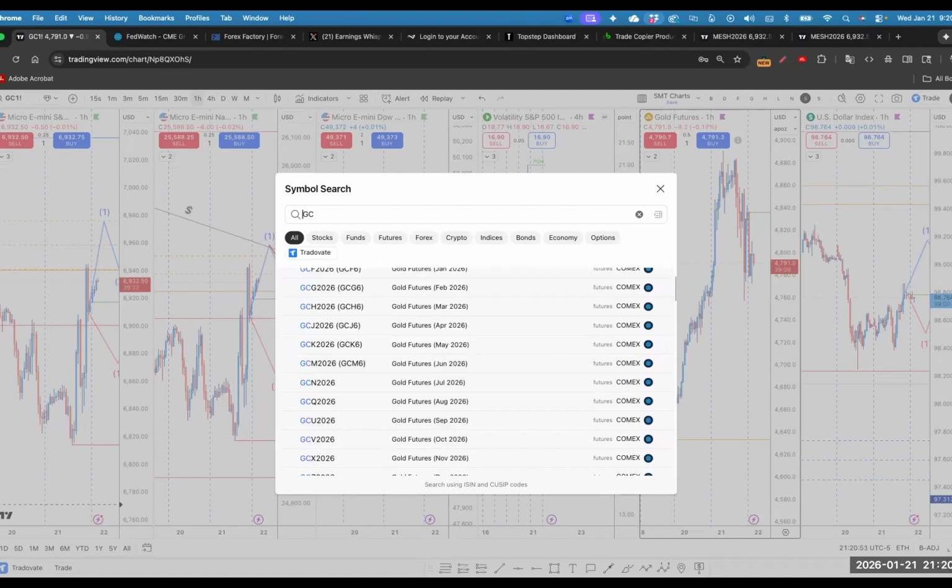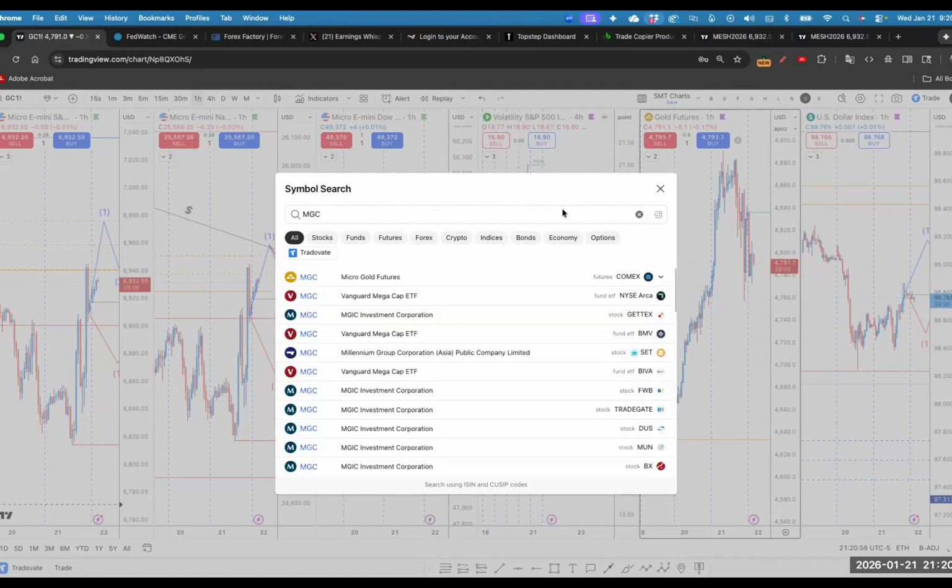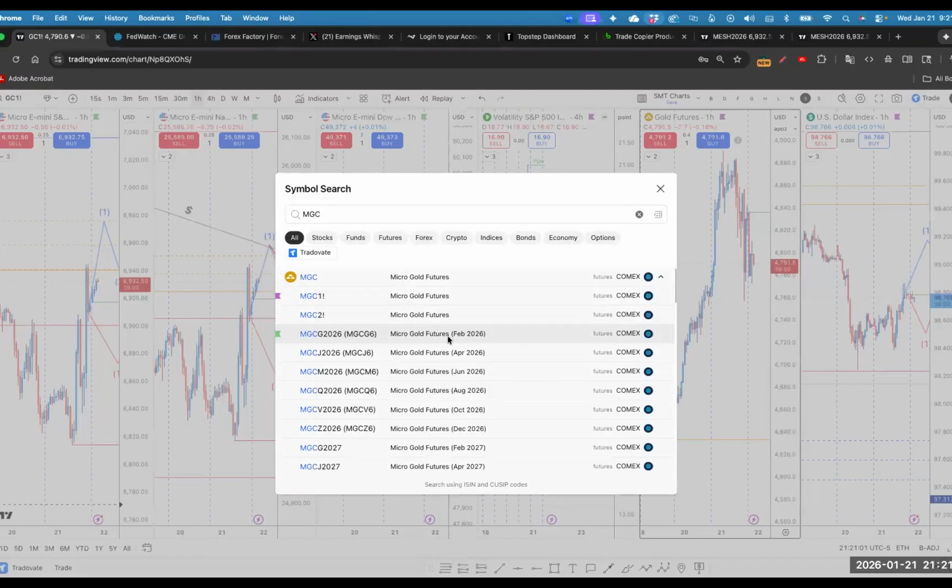Same thing for the micro: you just add the M in front, and now you get the contract listing for those. You have the continuous micro gold futures up at the top, and then the contracts for the rest of the year. And that's what you're going to be trading for gold, S&P, NASDAQ, Dow Jones.